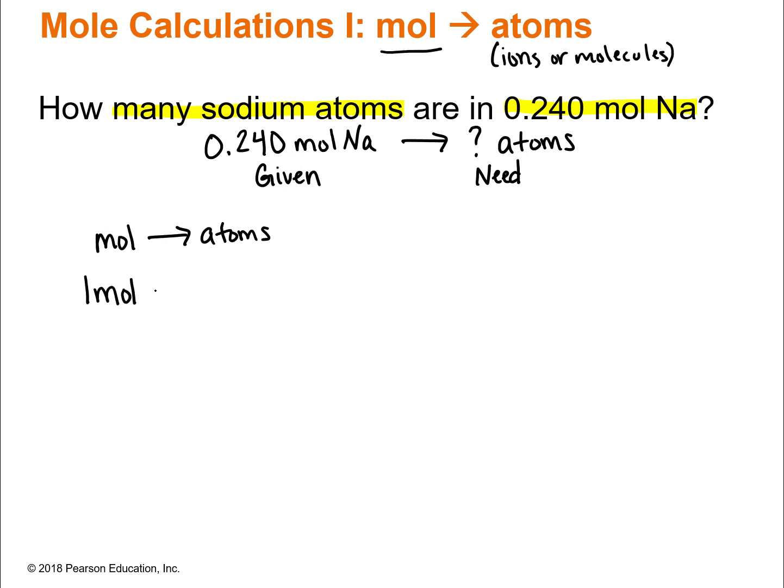We know that 1 mole is equal to 6.02 times 10 to the 23rd atoms. This is our unit equation. Then we can write unit factors from this unit equation.